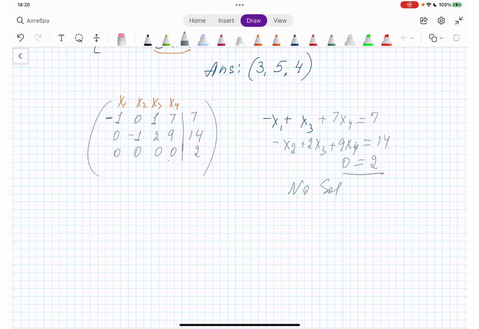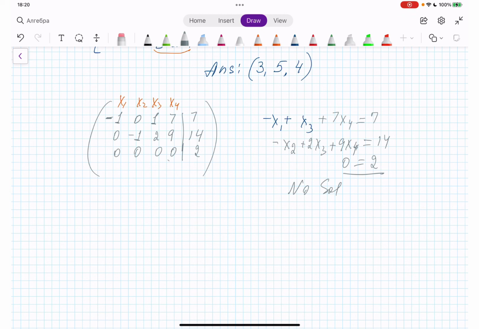Another thing, a very important thing I wanted to mention, and I should have mentioned it at the beginning, but I forgot, my apologies, but I'll tell you now. When you get a matrix from a system of equations, you are allowed to do all these transformations over these rows or lines.